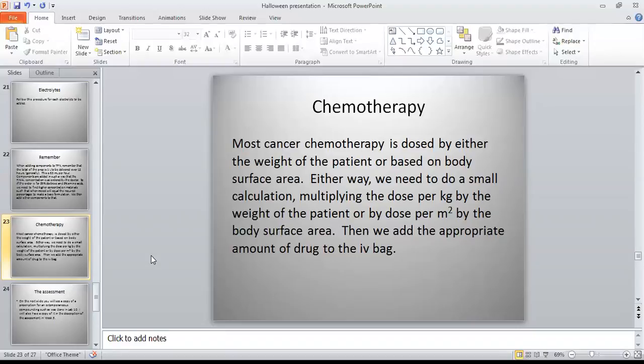In the case of a drug like paclitaxel or Taxol, the recommended dose is 175 milligrams per meter squared of body surface area.